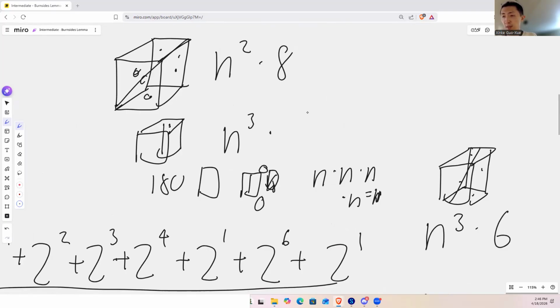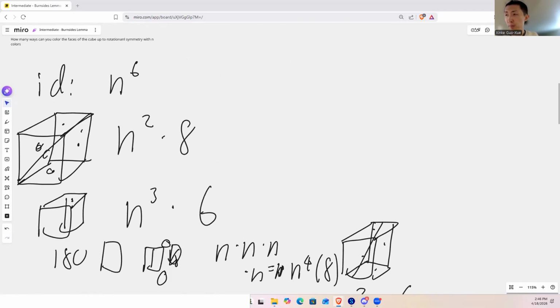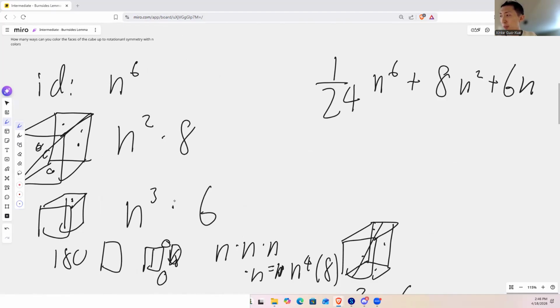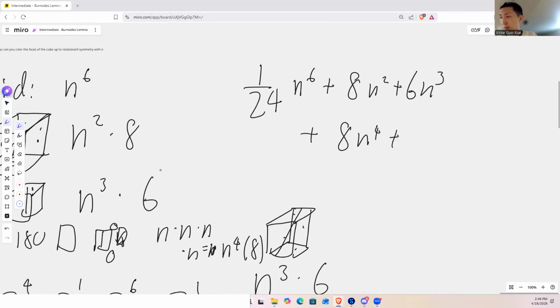So by Burnside's lemma, there are 1 over 24 times n to the 6 plus 8n squared plus 4 plus more terms. We can combine these.